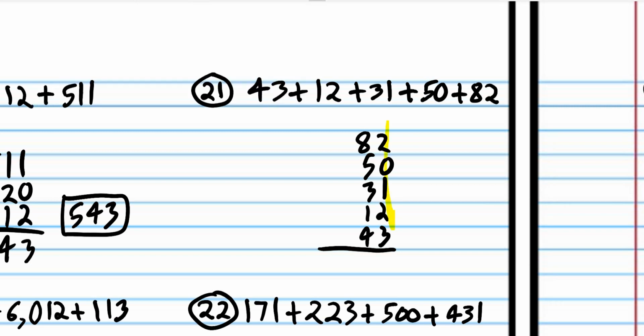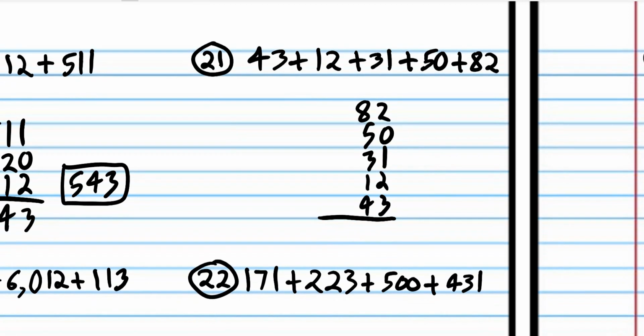Again, it's the same algorithm. Add the numbers in the ones place. I don't want to bore you by constantly restating the same thing. 2 plus 0 plus 1 plus 2 plus 3, that's 8. 8 plus 5 is 13, plus 3 is 16, plus 1 is 17, plus 4 is 21. So the answer is 218.